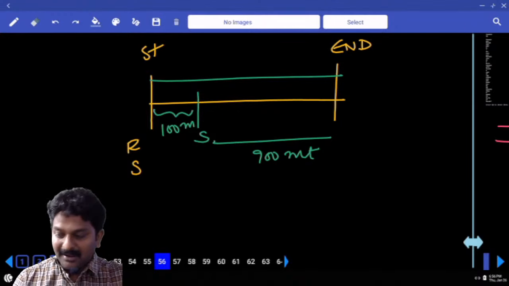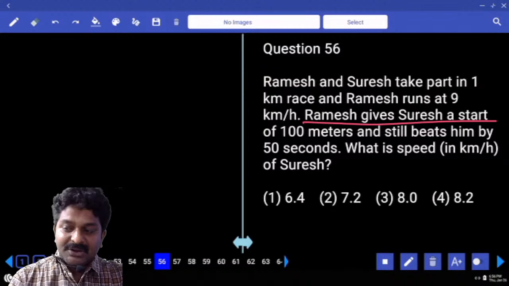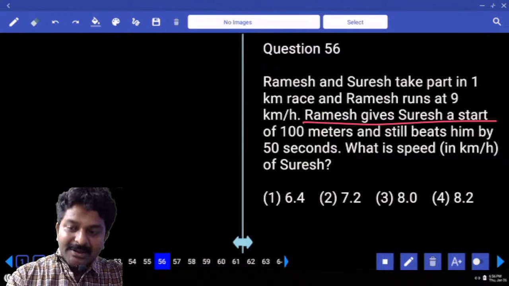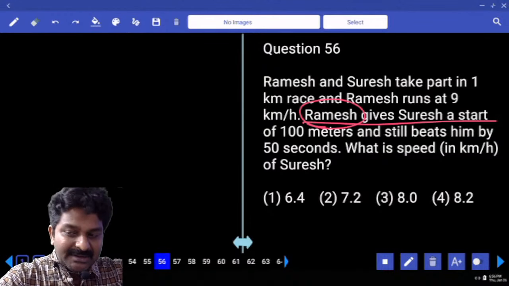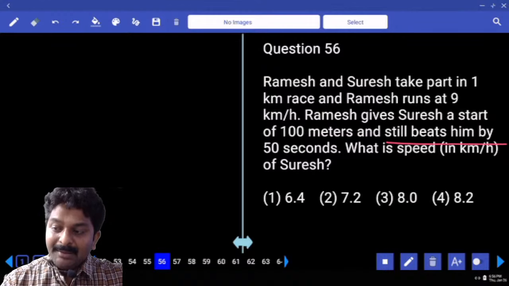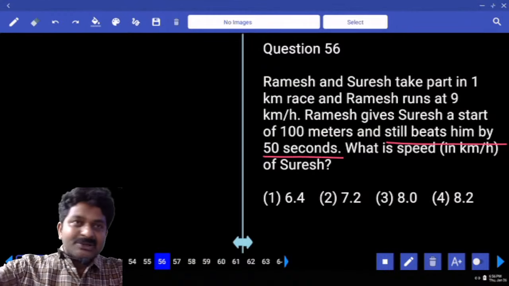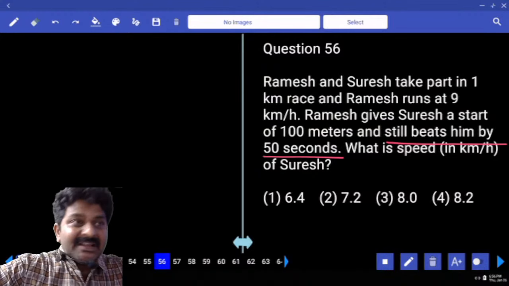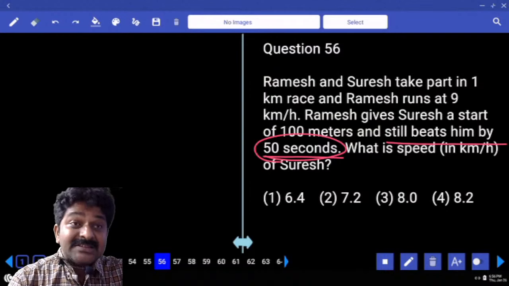Okay? Right. So now in this case, Ramesh gives Suresh a start of 100 meters, meaning Ramesh will cover 1000 meters, Suresh will cover 900, but Ramesh still beats him by 50 seconds. Beats him by 50 seconds meaning, who wins the race? Ramesh. Wins the race by how many seconds?